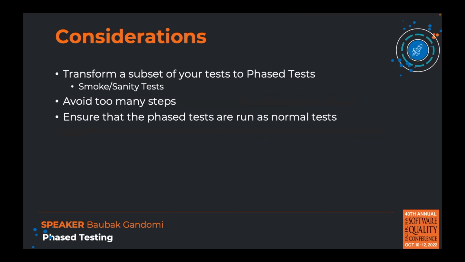At Adobe Campaign, what we saw was the best candidates for phase tests were the sanity tests and smoke tests. So if we transformed our normal sanity tests into phase tests, they could work as normal sanity tests on a day-to-day basis. And whenever we have a new version of the product, they allow us to test the new product version.